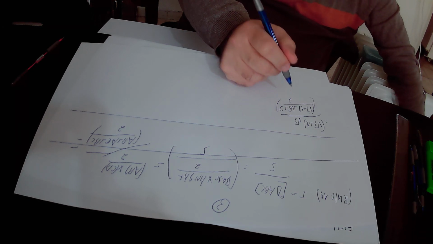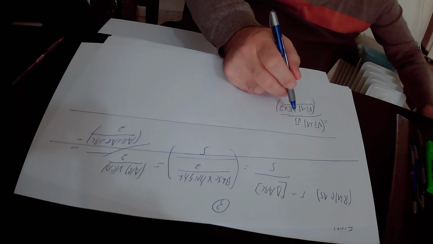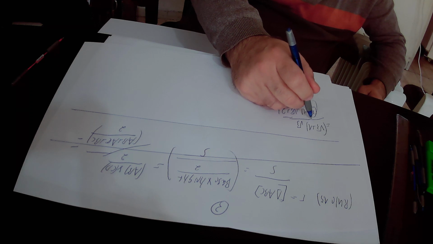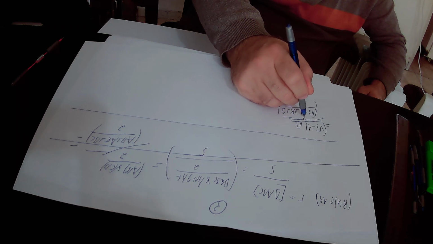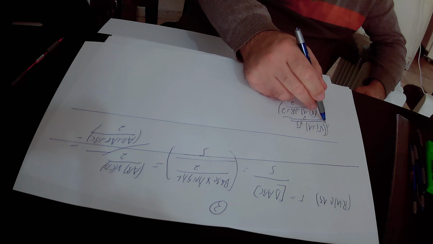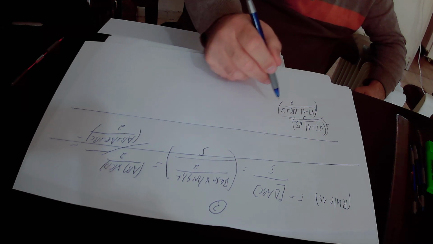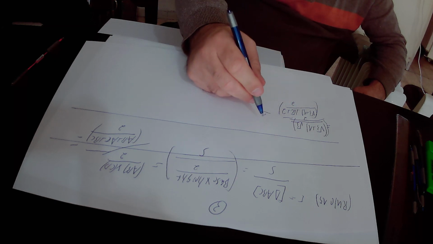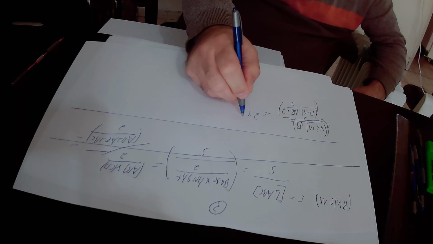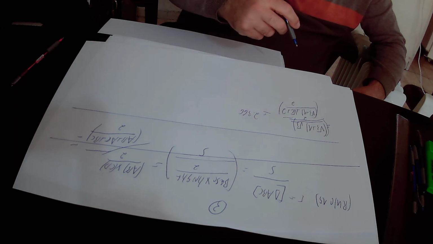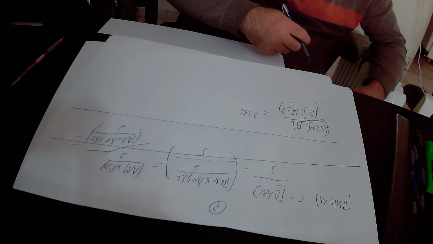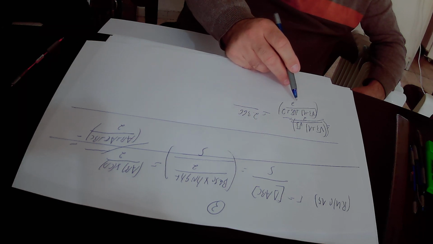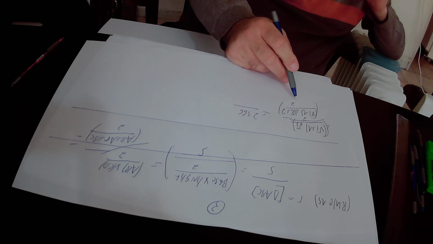So actually, this expression is the area of triangle ABC, and the value of this expression is 2.366. That is to say, the area of triangle ABC equals 2.366 square units, divided by this expression that is actually the semi-perimeter of the same triangle ABC.